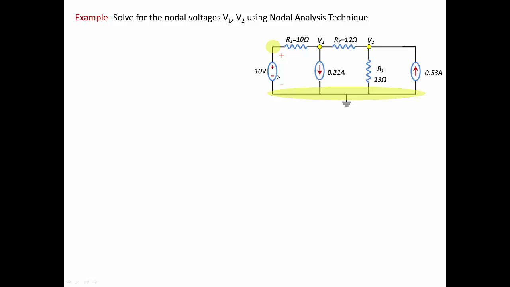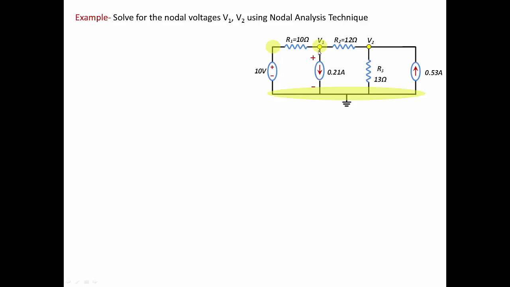So then we have another node which is at this point, where three elements are connected. The voltage at this node is not clear because we don't have a voltage source connected from this node to ground, so we don't know what the voltage is. We need to solve for it, and we can do that using nodal analysis techniques.